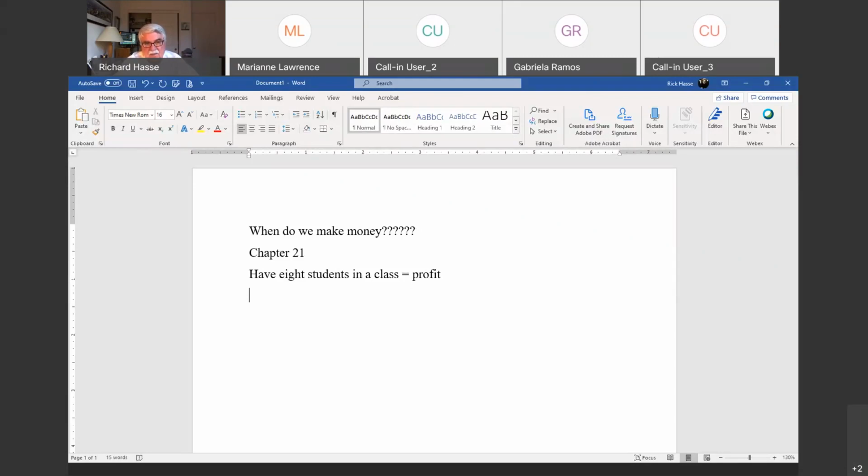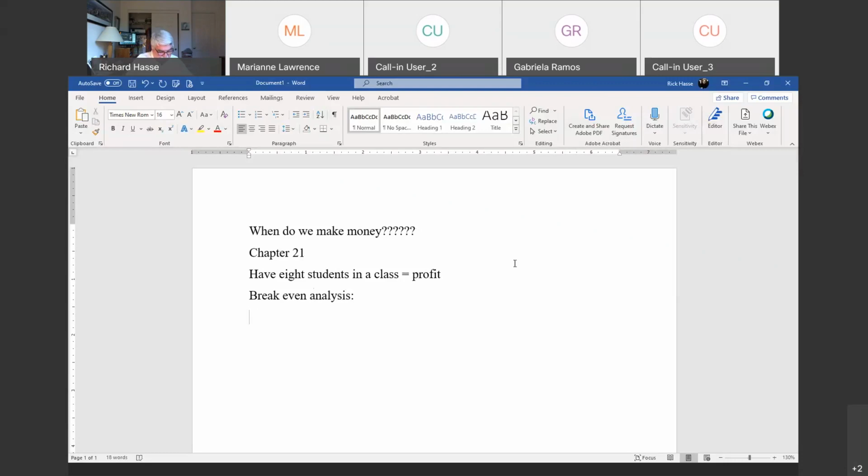So how does a university or a company determine when they make money? It's called the break-even analysis. What is the break-even analysis? It's a formula.